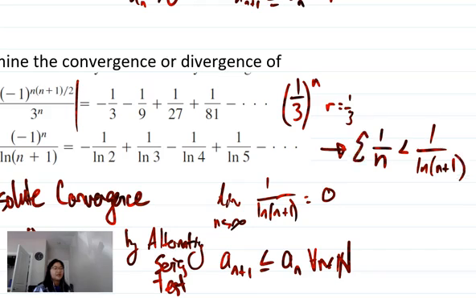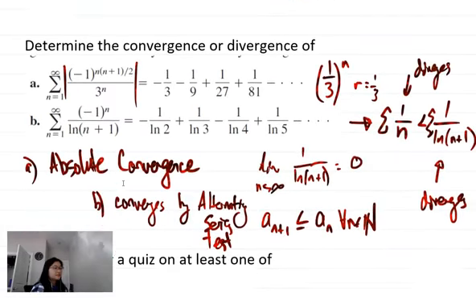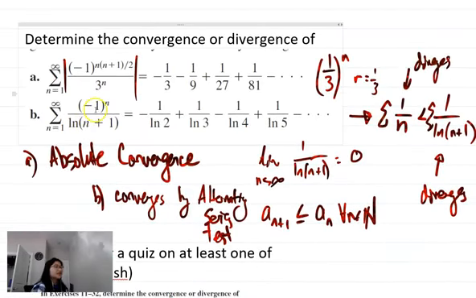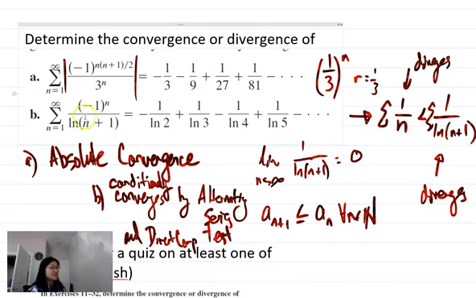And then if we're looking at this series, well, this diverges. So then by the direct comparison test, that also diverges. So the series that we're given, this one, this converges only conditionally. And direct comparison. So conditional convergence for this alternating series.